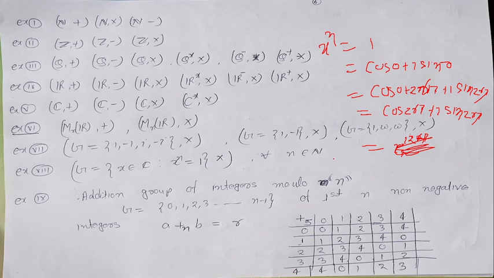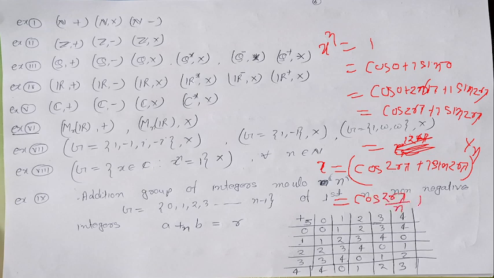And if you take this thing, power 1 by r, x equal to cos 2rπ plus i sin 2rπ, per power 1 by n. And by de Moivre's theorem you can say that cos 2rπ by n plus i sin 2rπ by n.